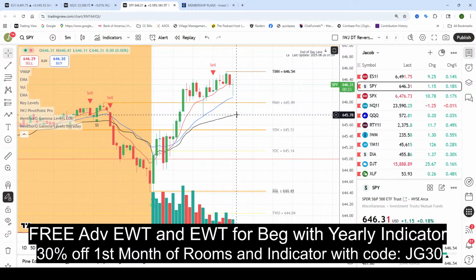The bulls are not wanting to give up any levels right now. Or maybe not allowing them to give up any levels right now.